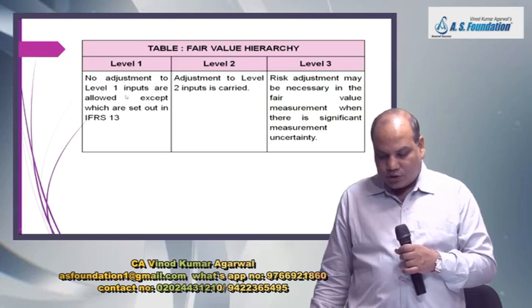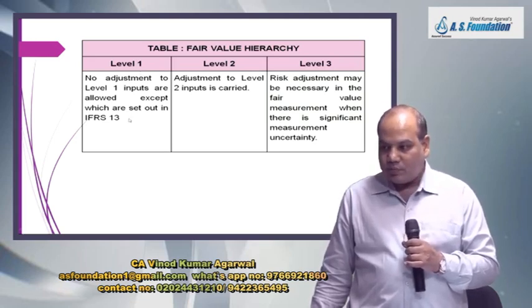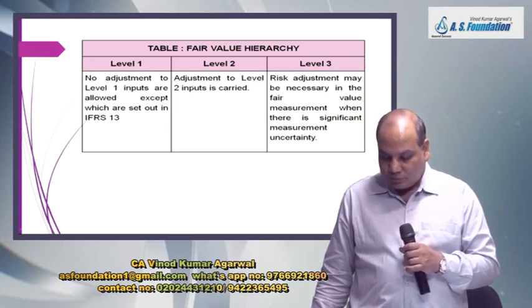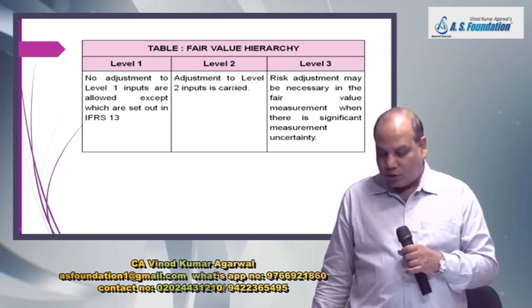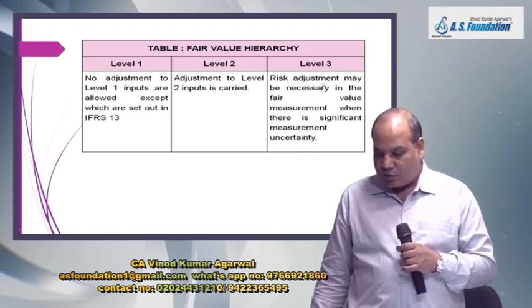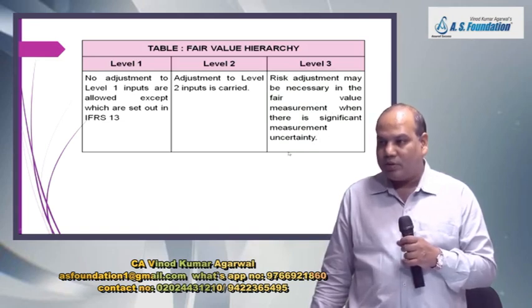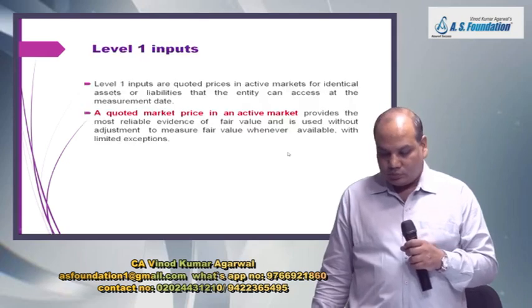Prima facie, no adjustment is made in level 1 input, except those which are allowed by the standard. Adjustment to level 2 input is carried out. And third, risk adjustment may be necessary in the fair value measurement when there is a significant measurement uncertainty.